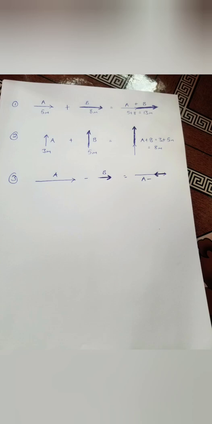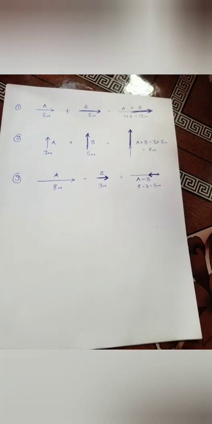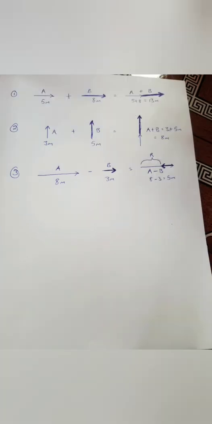So you take vector B, turn it around, and place it head to tail, the head of the first vector on the tail of the second one, and you're going to have a resulting vector of A minus B, because your resultant is going to be from the tail of the first one to the head of the second one. So what you're working with here is 8 minus 3, and your resulting vector is going to be 5 meters.